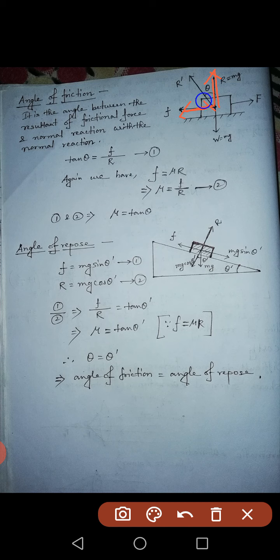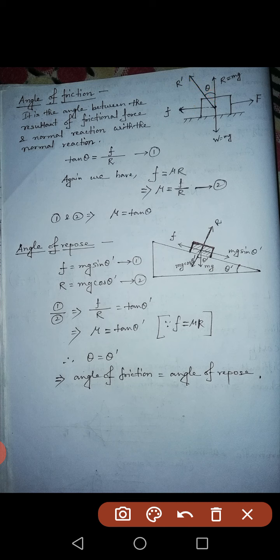So here this is the diagonal of the parallelogram, which is R dash. Here we can say that the resultant of the frictional force and normal reaction is R dash.